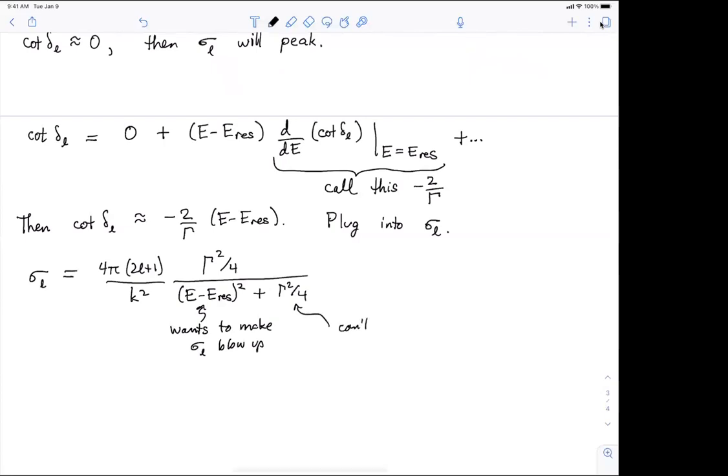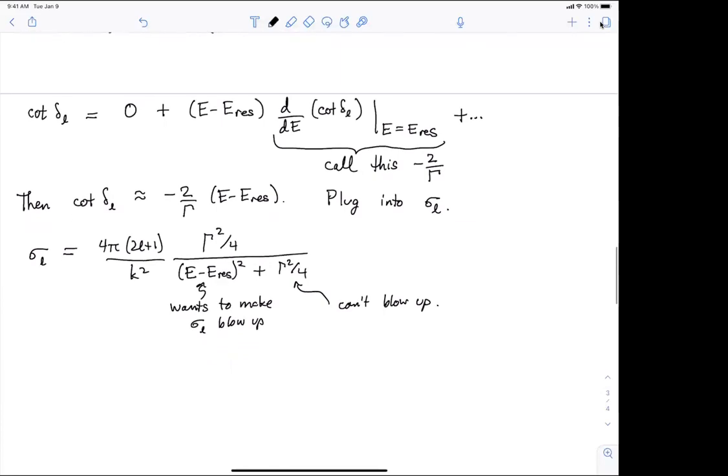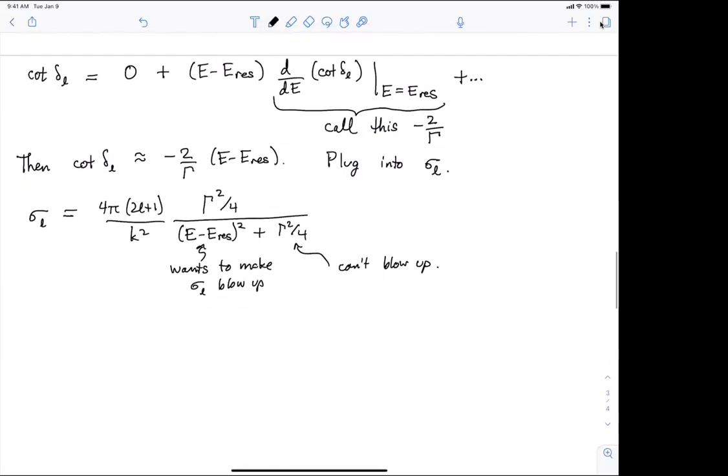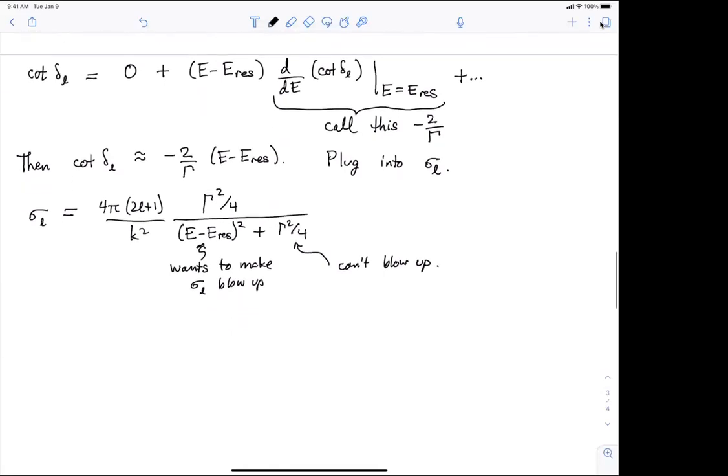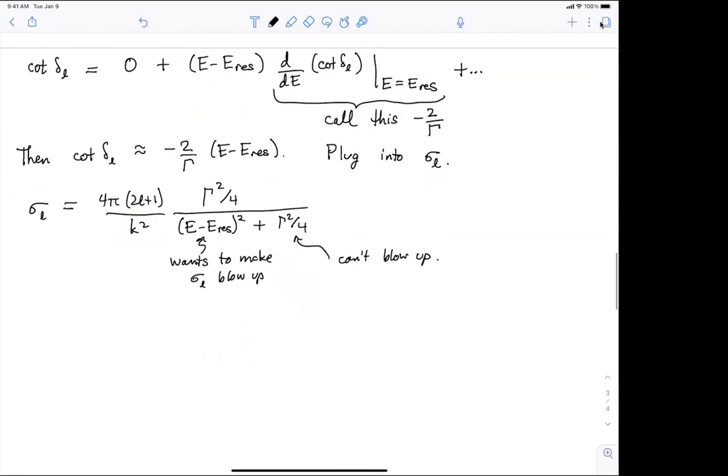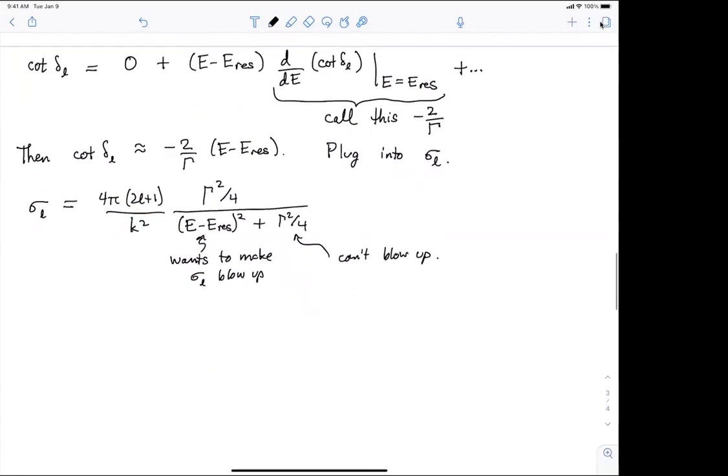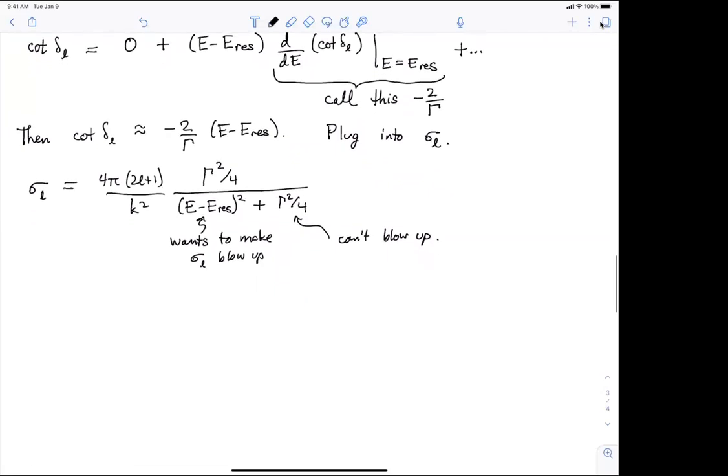It can't blow up. And so that's a typical resonance line shape. Of course, we could also write the K squared in terms of energy. E equals K squared h bar squared over 2m. But for some reason, it's traditional to keep writing it like that.